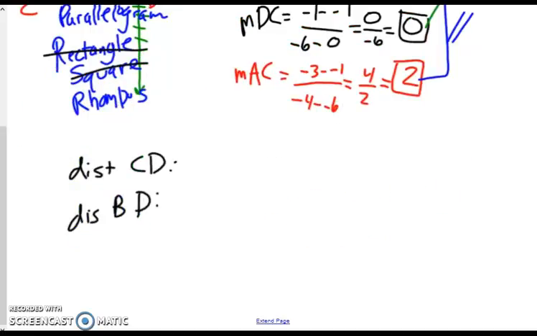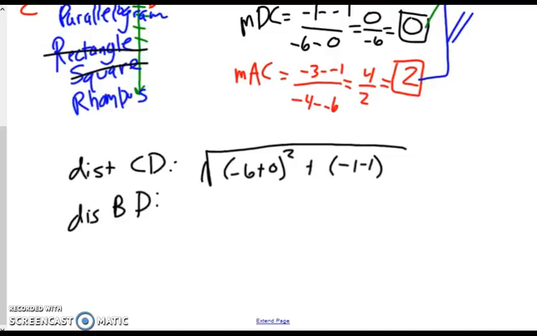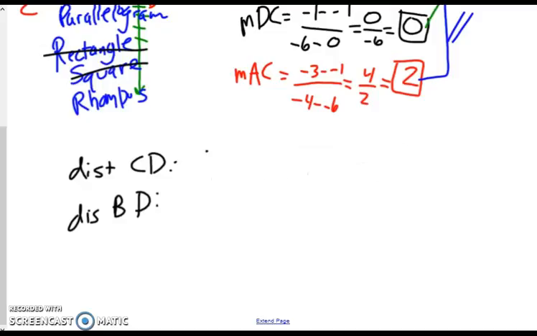So to find the distance between C and D, we're going to do the square root.